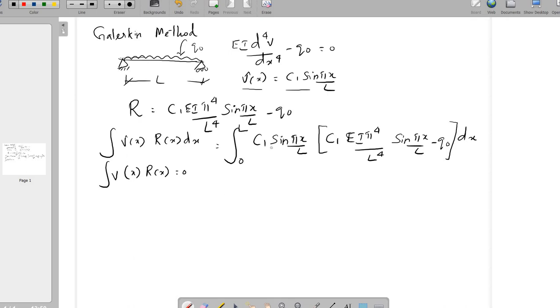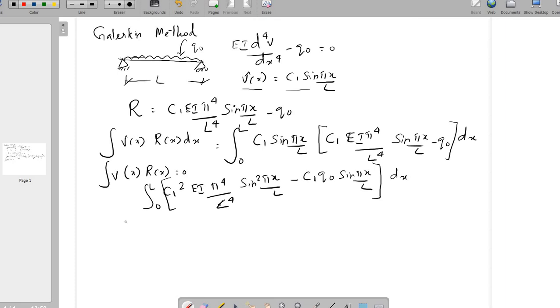So I am going to multiply this C1 sine pi x by L inside the bracket. So 0 to L, C1 square EI pi power 4 by L power 4 sine square pi x by L minus C1 Q naught sine pi x by L into dx.